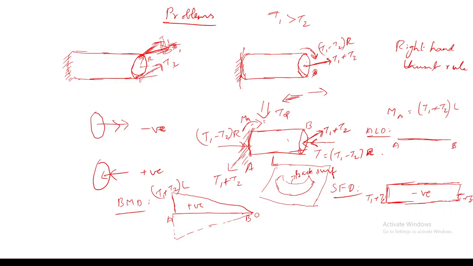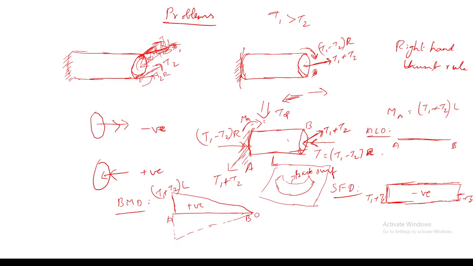When I transfer these forces T1 and T2 to this longitudinal or centroidal axis, I will transfer this T1 to this side, and I will have an equivalent twisting couple T1 into R. And for this T2, I will again have an equivalent twisting couple equal to T2 into R.